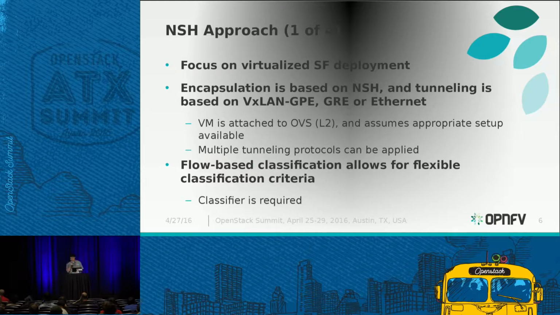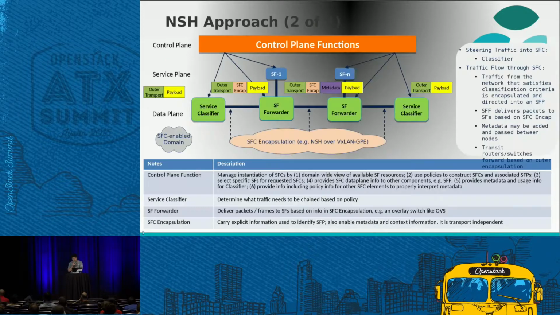That's a similar diagram, and conceptually and architecturally it's similar to the MPLS BGP VPN approach, but of course with a different encapsulation method and a different way to construct the service function chains and paths, and it's mostly based on L2.